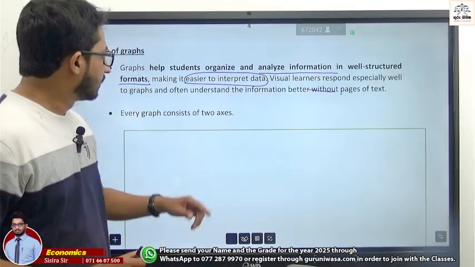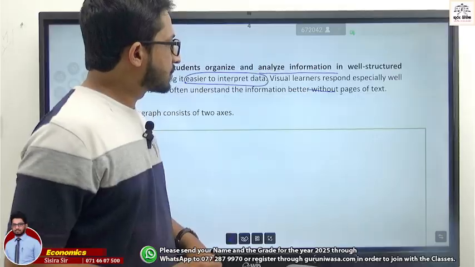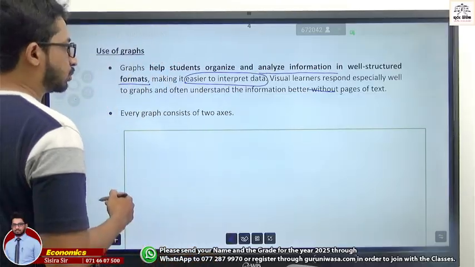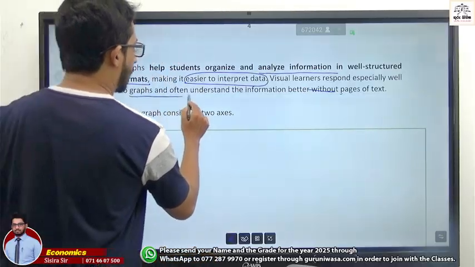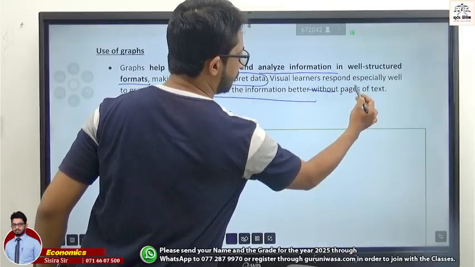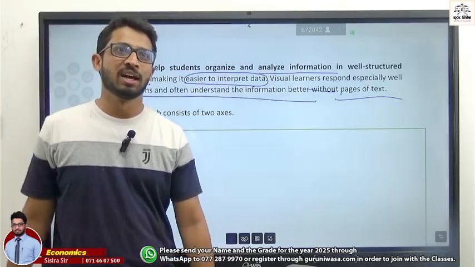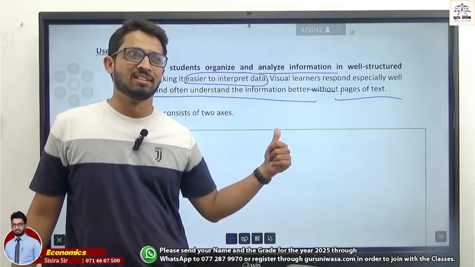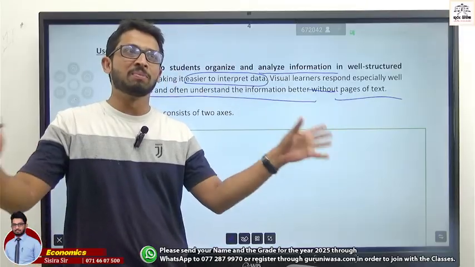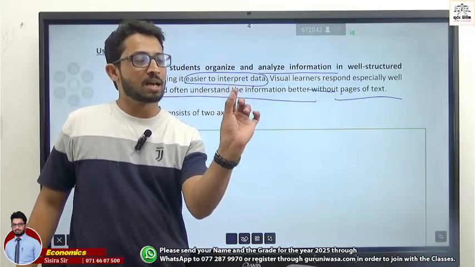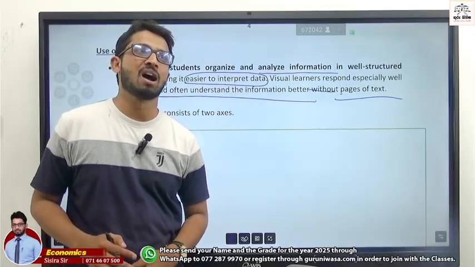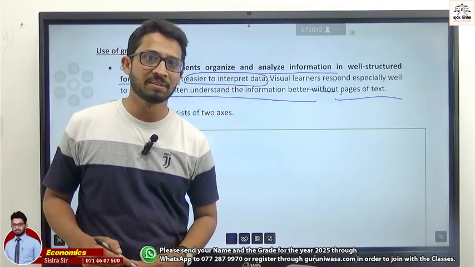Visual learners respond especially well to graphs and often understand the information better without pages of text. That's what I told you at the beginning. Without using 1,000 pages, you can explain something nicely using a graph. Is that clear?